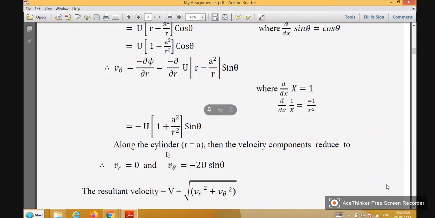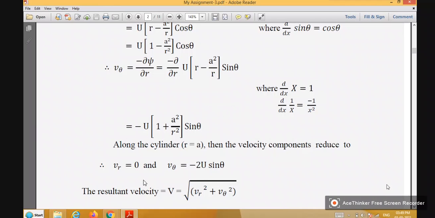What is the mistake in this expression? V theta is equal to what you have written. What is the mistake here? See, when you say along the cylinder, it is not along the cylinder.